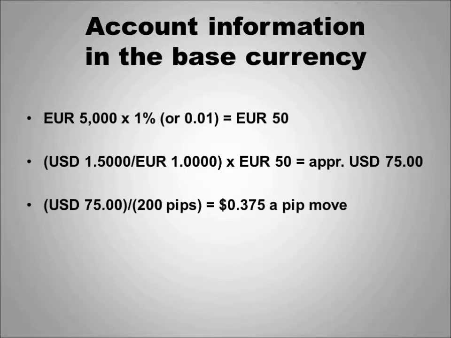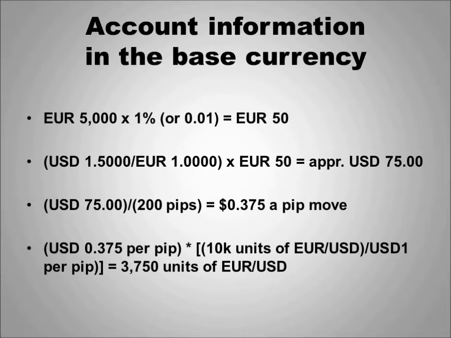Okay, so again, 50 euros is how much we're willing to risk, because remember, we don't want to lose, but we are committed to making sure that we lose no more than 1%, which is where the 50 euros comes in. 50 euros, and if the exchange rate is $1.50, that would mean 75 US dollars.